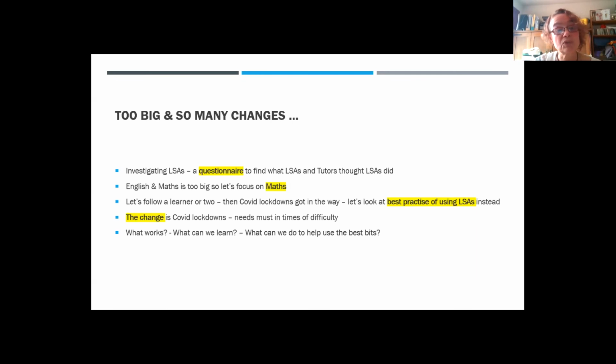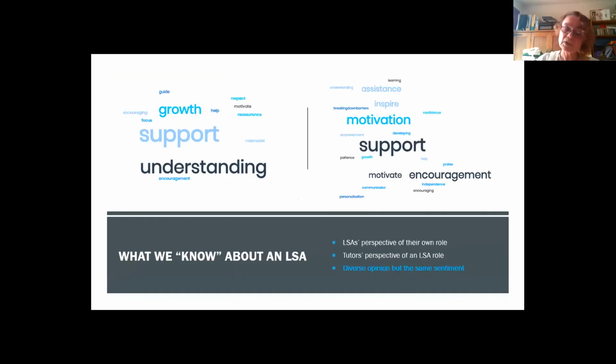Anyway, so we will look at what works, what we can learn, and what we can do to help use the best bits. So first of all, I wanted to share with you the sort of word cloud of the LSAs' and tutors' perspective of what an LSA does. So on the left is what the LSAs thought, and on the right is the tutors' perspective of the LSA role.